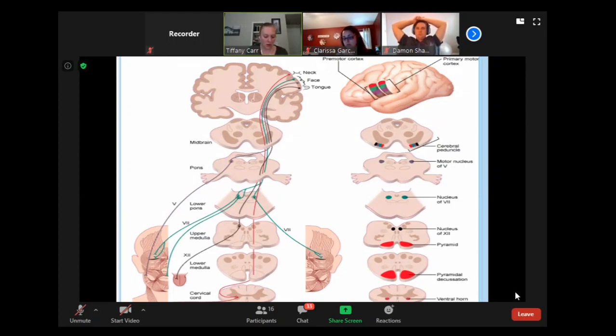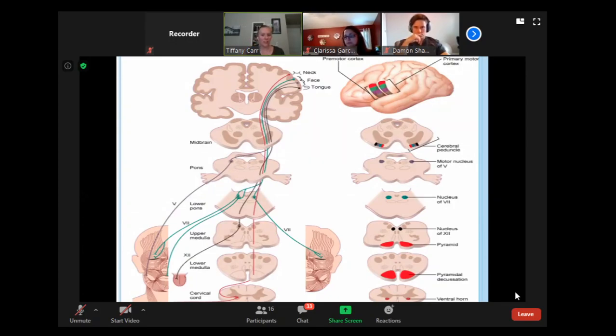So we kind of just went over all of these major cranial nerves. Another couple things to notice are cranial nerves 2 and 3 doing the pupillary, consensual, and accommodation reflexes. The corneal reflex, whenever you touch the eyeball with a cotton ball, is afferent for cranial nerve 5 and efferent for cranial nerve 7.